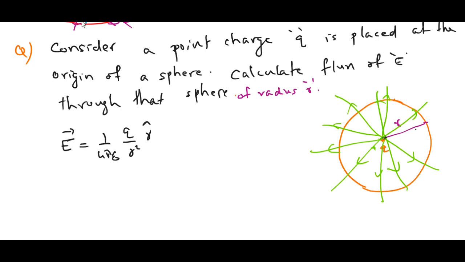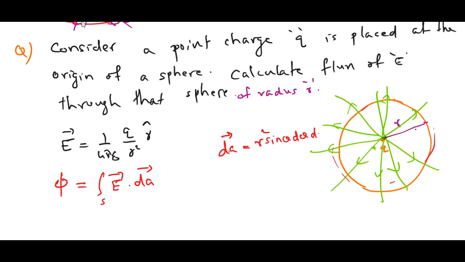And the electric flux, that is our aim, is the surface integral E dot dA. Since it is a sphere, a three-dimensional object, I consider the area vector in spherical polar coordinates, that is r square sine theta d theta d phi r cap. And E dot dA, I can substitute this E and dA in this expression.